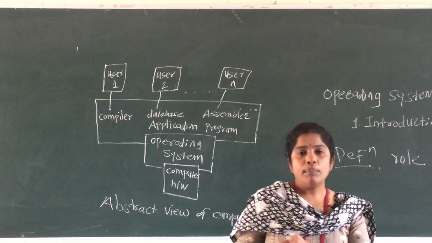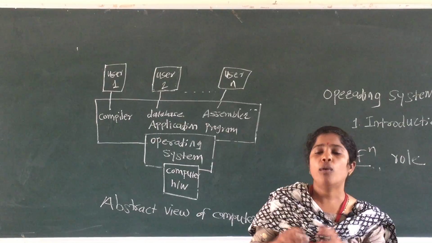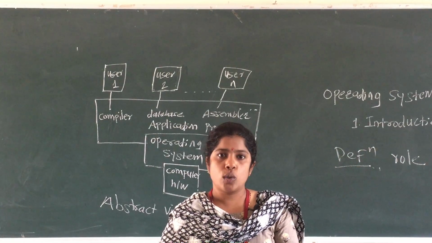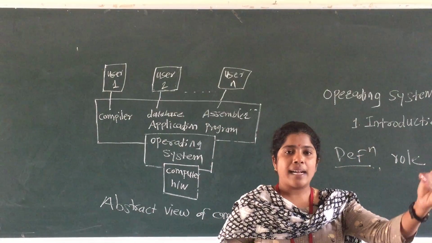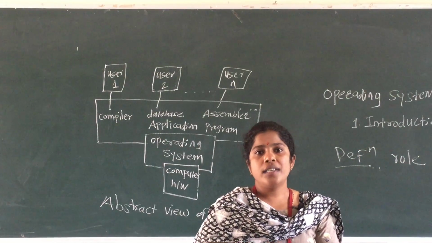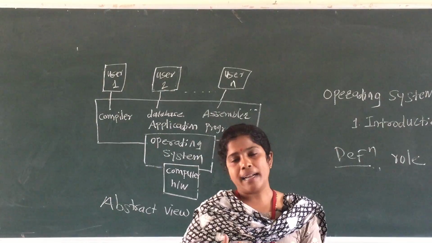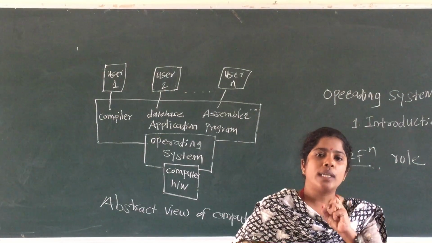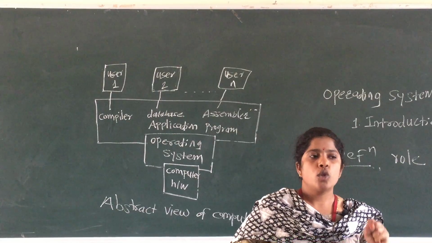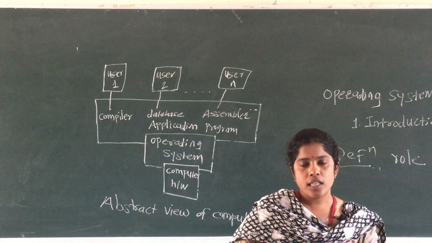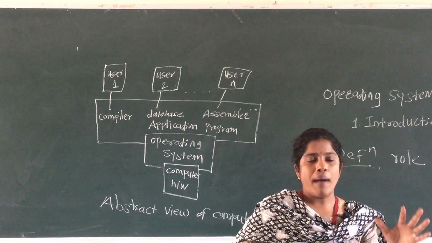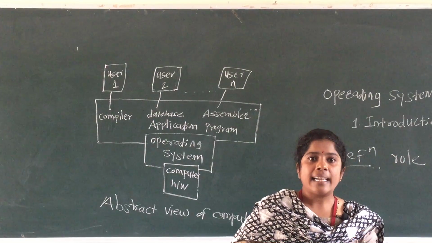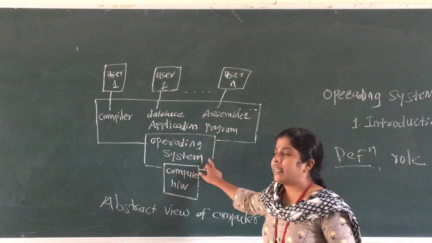One of the important factors is to manage the complexity of the resources, keeping the maximum utilization of the resources. To maximize the utilization of the resources, we have to manage the resources among the different users, and that is done by the operating system.